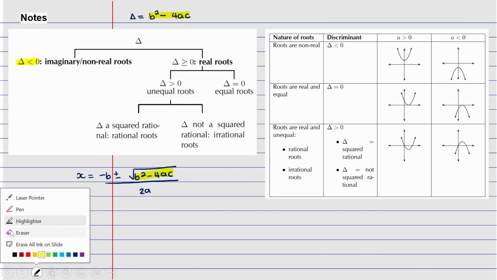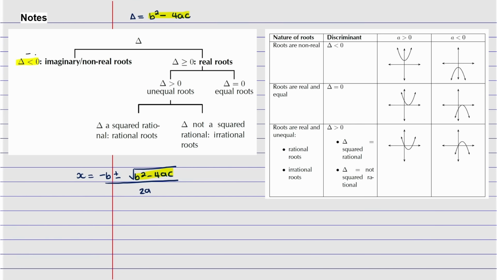It means it's negative. When we substitute the values, our triangle gives us a negative. It makes sense why they say there is no root, because if you put a negative inside a root, it gives you undefined. So if your delta is negative, which is less than 0, then there is no root, or non-real roots.